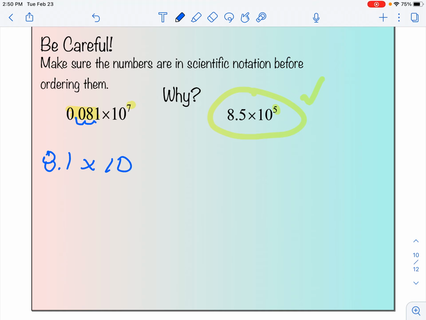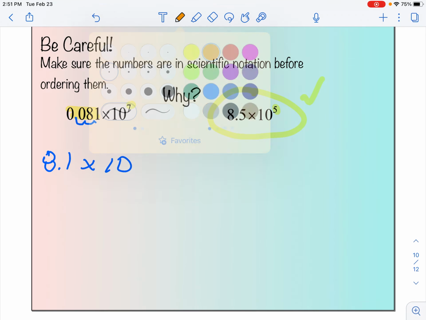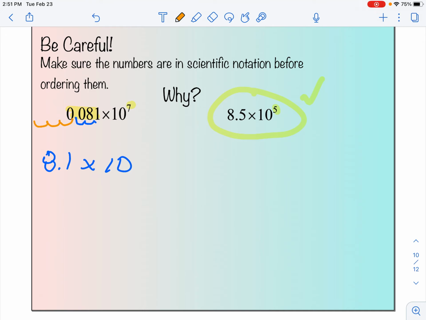If I was to take the original number and multiply it by 10 to the 7th power, I'd be moving it this direction 7 times, but now I'm going to have to move it 2 more times just to get back to the number. So this is going to be, since I divided by 10 twice, I'm going to have to multiply by 2 more powers of 10, and so it becomes 7 plus 2 for my exponent, or 10 to the 9th power.